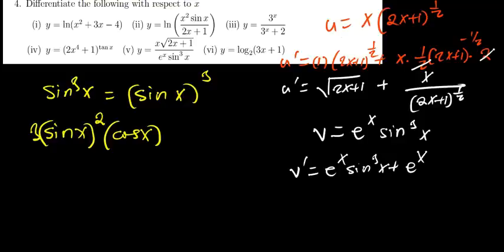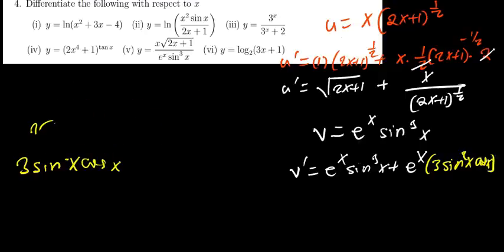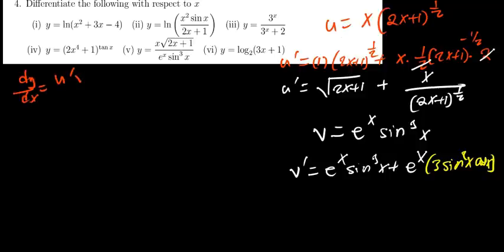So this becomes 3 sine squared x cos x. Now I can go ahead and use my quotient rule to find the answer. So dy over dx, the formula goes like u prime v minus u v prime divided by v squared.